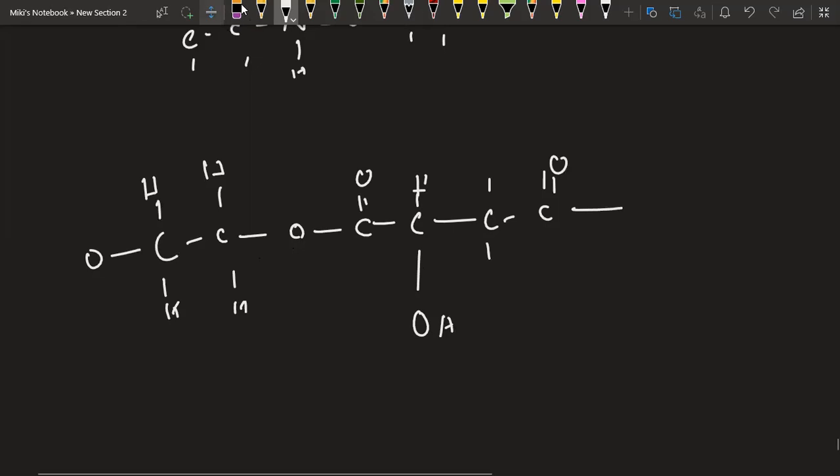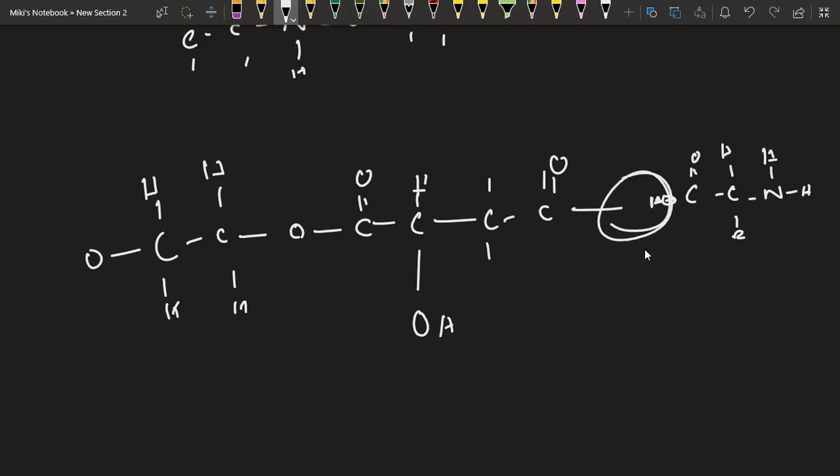We have this CO, like this goes on. But let's say instead, if we have an amino acid presented here. That means COOH, and we have CHR. Then we have NH2. That means NH.